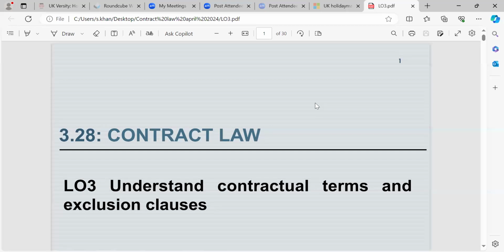An offer may be terminated if the offer is withdrawn or revoked, or the party making the offer dies, failure of a condition, or a reasonable period of time has elapsed, so a time limit. We also looked at acceptance, where if an offer is accepted, then acceptance is the final term of the offer.